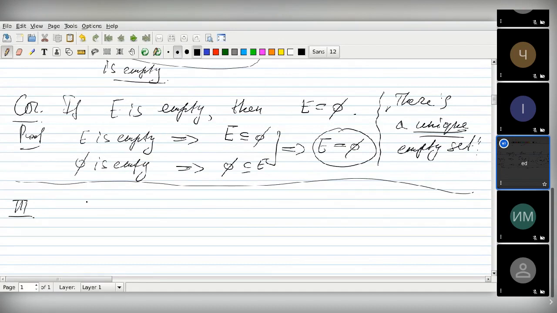The main idea is as follows. You may group together and consider the set of all subsets of a given set. This is called the power set, or the set of all subsets of A. So I'll call this axiom, this principle, the power set.